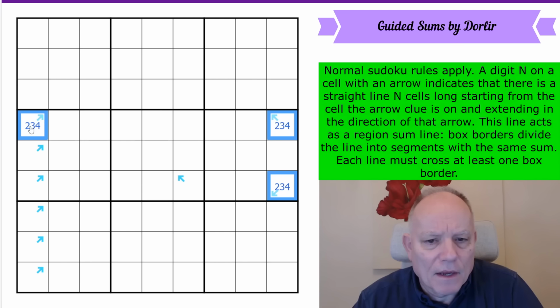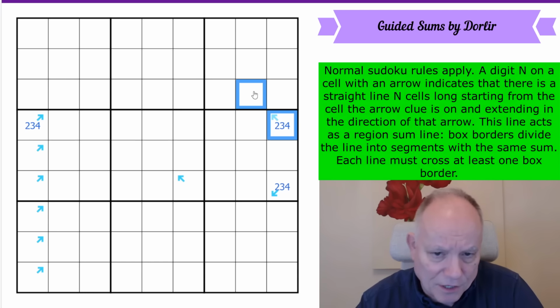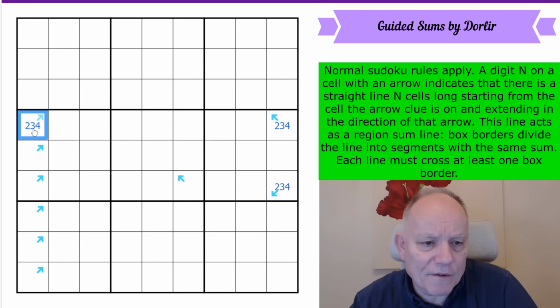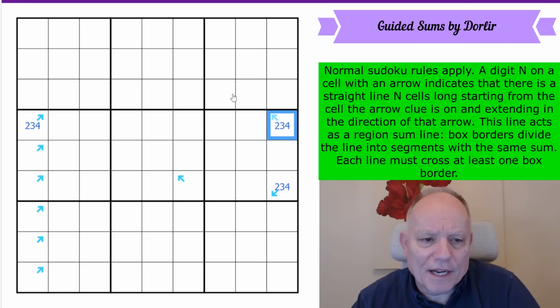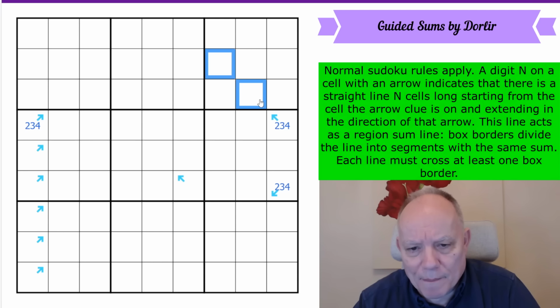Now, let's start here. If it was a 2, that digit is 2 and that digit is 2. And then neither of these could be 2. If this one is a 3, and I mean it can act as a template for all of them, then the line goes to there, and these 2 digits have to add up to 3 and would be a 2-1 pair.